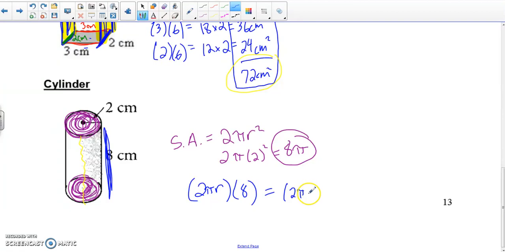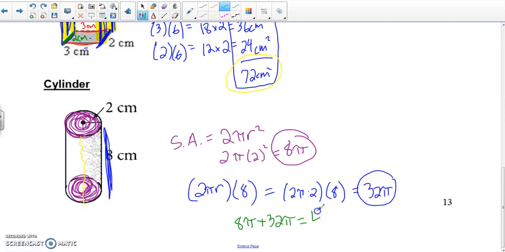The radius is also 2, so I'll put times 2 there, times the height. 2 times pi times 2, which is 4 pi, times 8 is 32 pi. That's the lateral area. And the whole surface area, we add them together, 8 pi plus 32 pi equals 40 pi. And obviously we could put that into centimeters by putting it into our calculator.